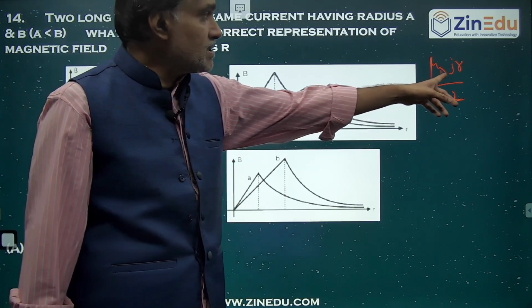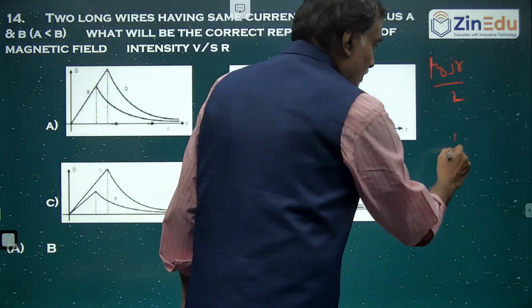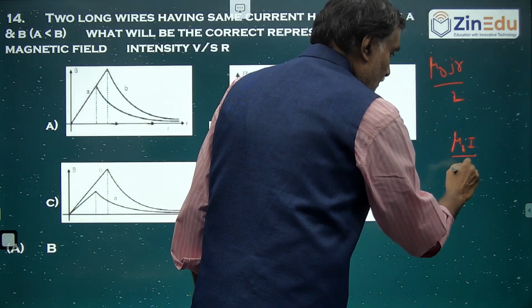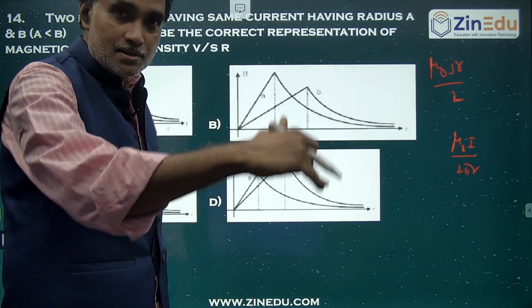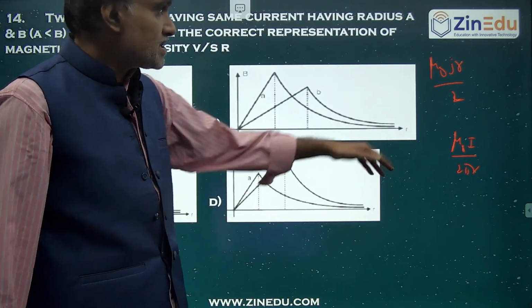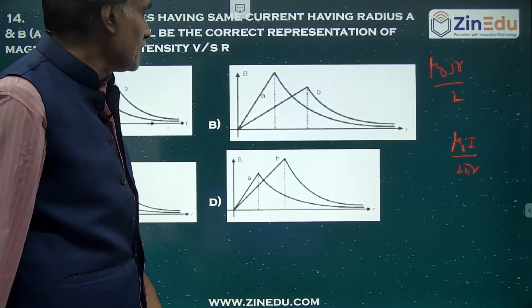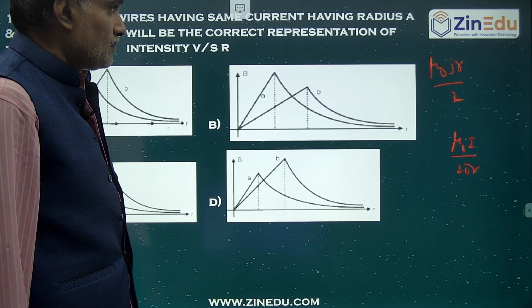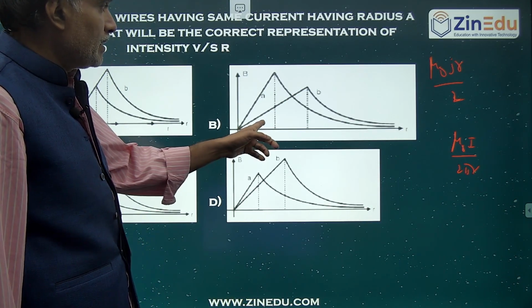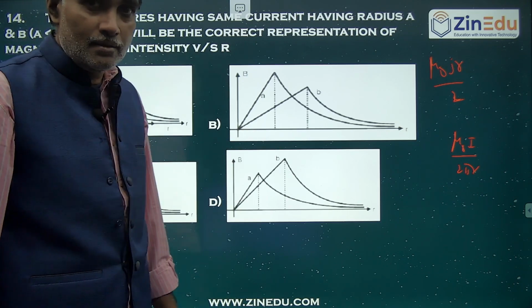Distance also matters. So mu naught J r by 2 inside. Outside it is mu naught I by 2 pi r. That is the magnetic field. Outside it decreases like a hyperbola. Inside it varies linearly. All the graphs they have given, the shape is correct, but you have to verify. Then what will be the magnetic field inside?